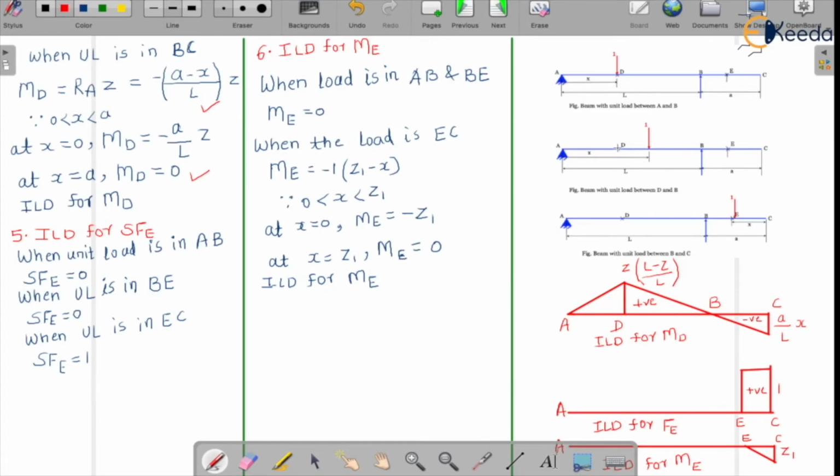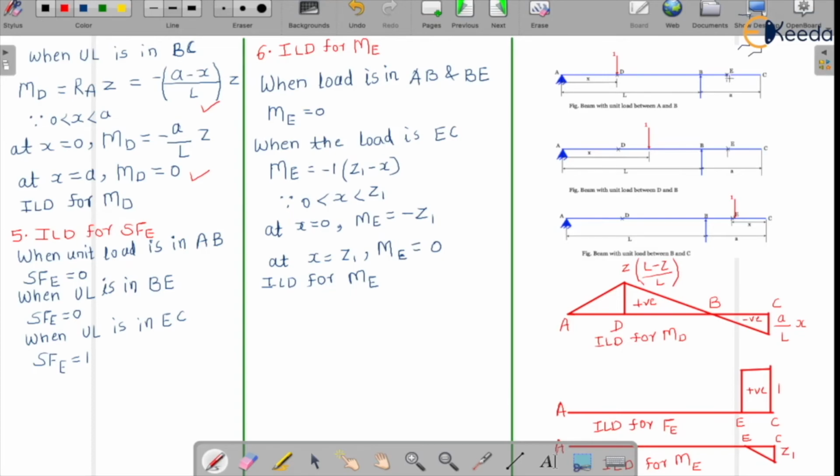Now let us see the influence line diagram for shear force at point E. What is the shear force and moment at point E? When the unit load is in portion AB, there will not be any force here, so the shear force at this point will be 0.